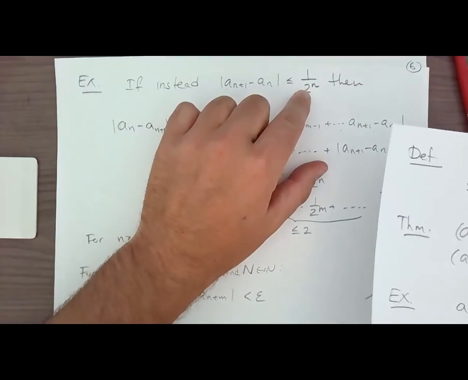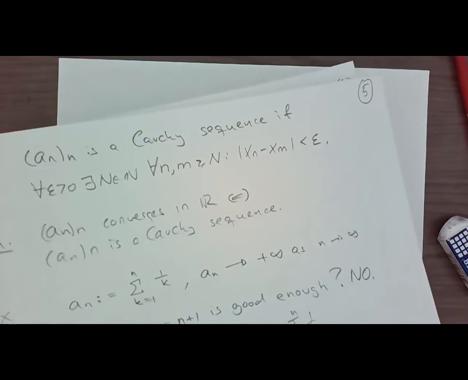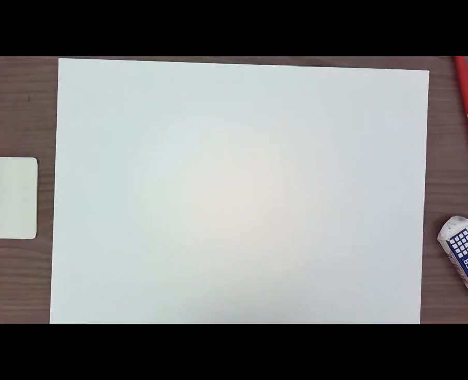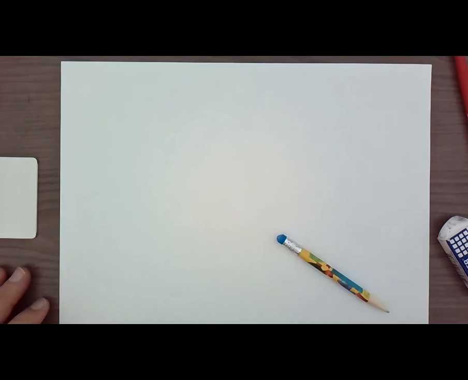Well, this here is sufficient, but of course not necessary. So for the series to converge, the sequence that you're taking the series of has to vanish quickly. Otherwise, the series is not going to converge.